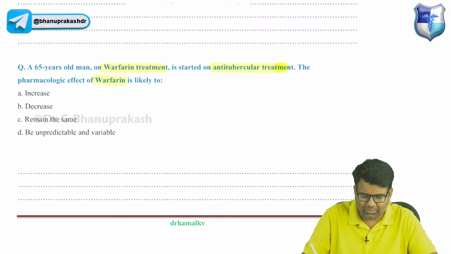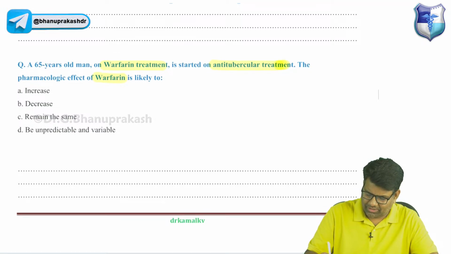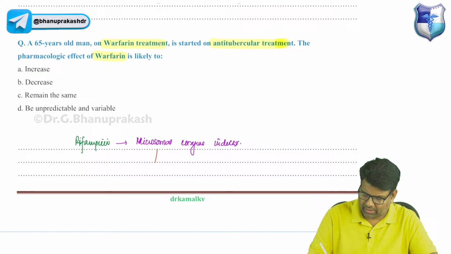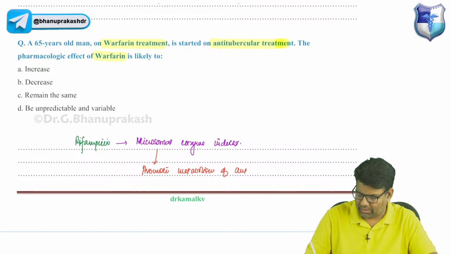Raghu, you have spotted the right drug, but the answer is not right. See, rifampicin is a microsomal enzyme inducer. So what will happen? If it is given with any other drug, it will promote metabolism of any other simultaneously given drug.